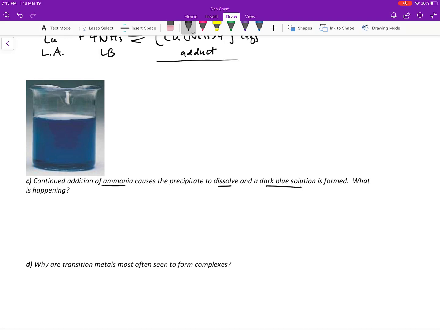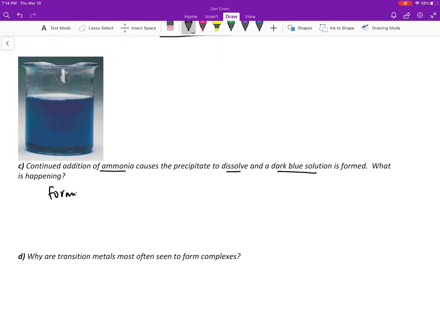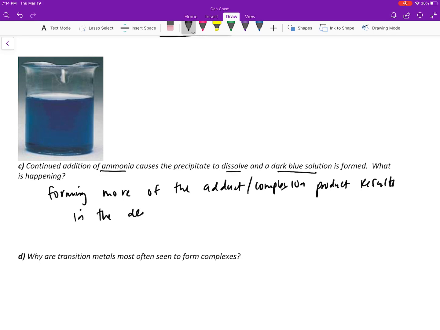As we continue adding, eventually we are forming more of the adduct, the complex ion product, which will result in the deep blue color that we see above.